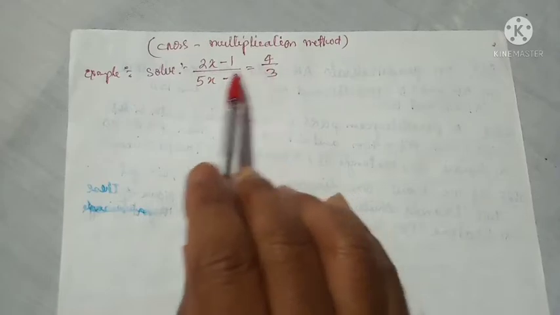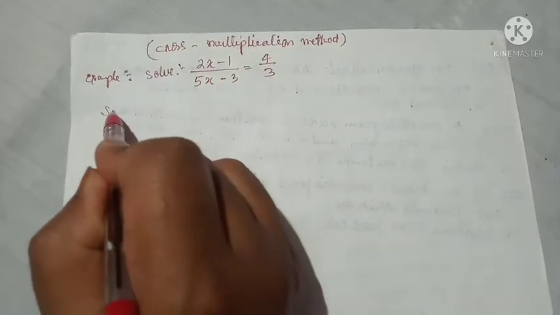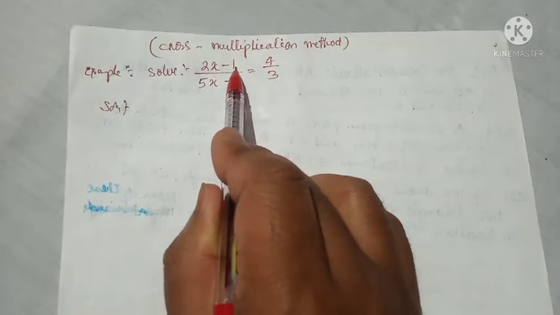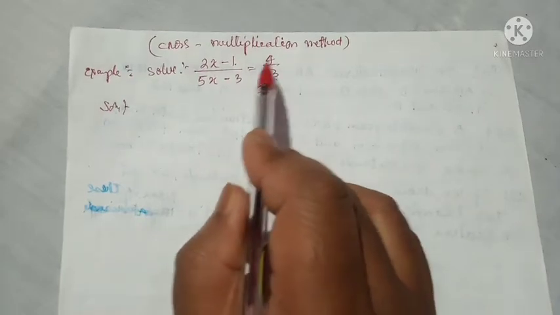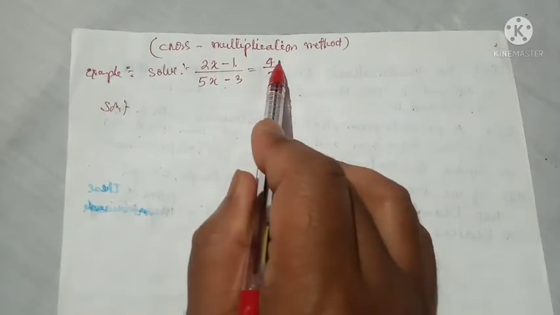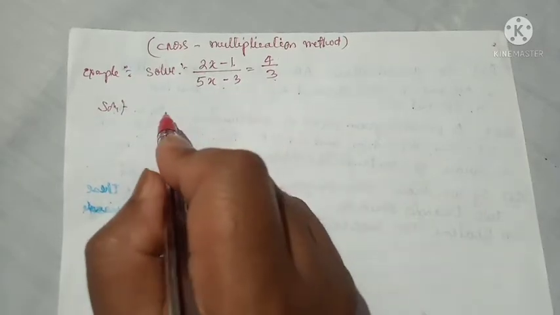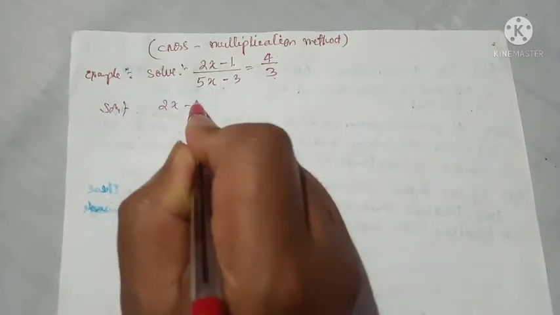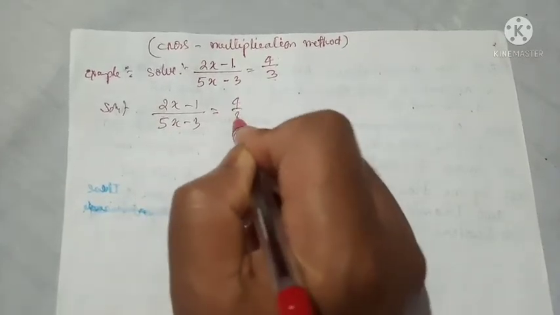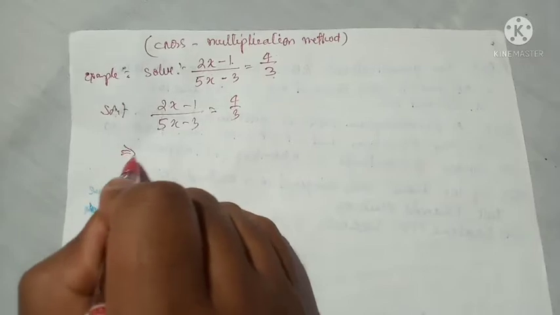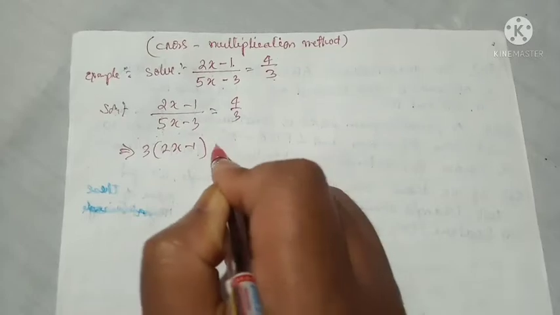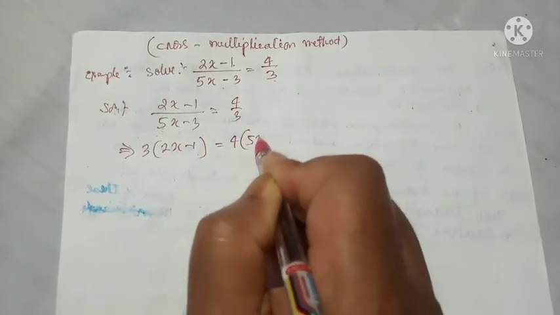This is the equation. First, we have to multiply the numerator of the left hand side with the denominator of the right hand side, and the denominator of the left hand side with the numerator of the right hand side. Let's do it: 3(2x - 1) = 4(5x - 3).